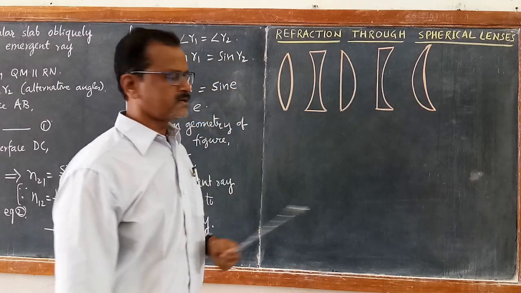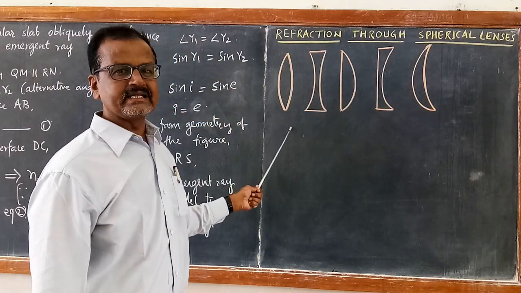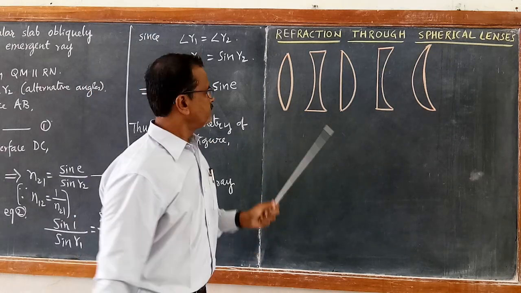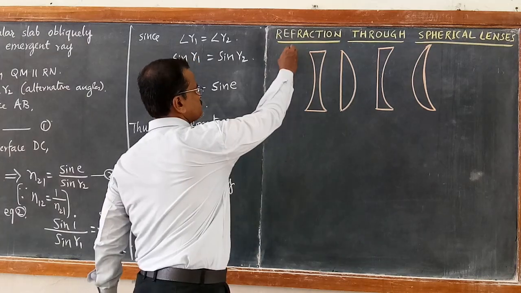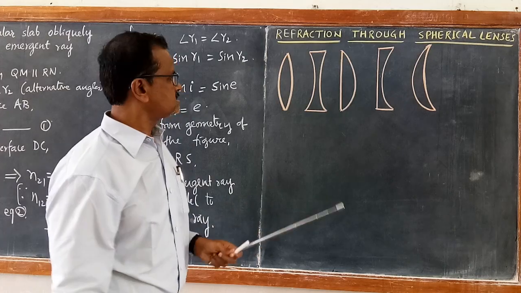There are various types of spherical lenses. This is called a double convex lens. Convex means bulged out surface. When both the surfaces are bulged outwards, it is called a double convex lens, or simply a convex lens.